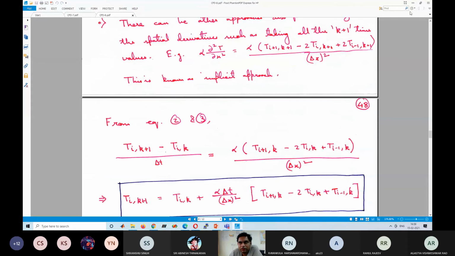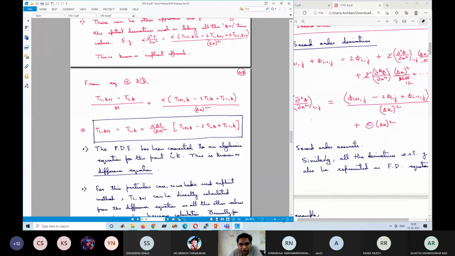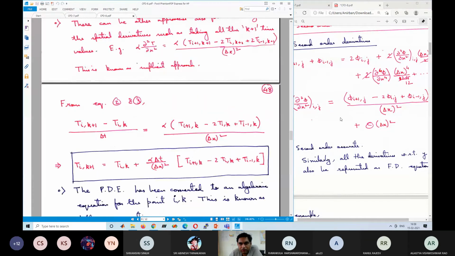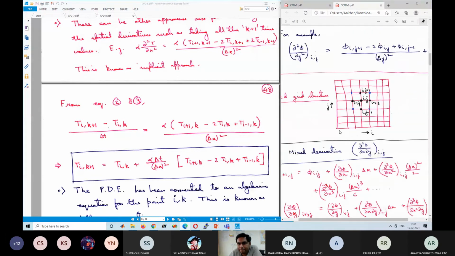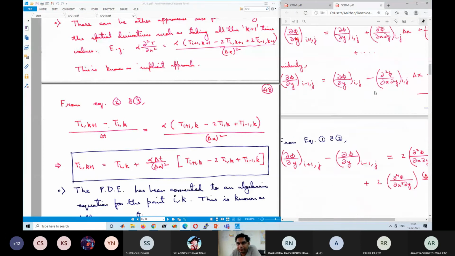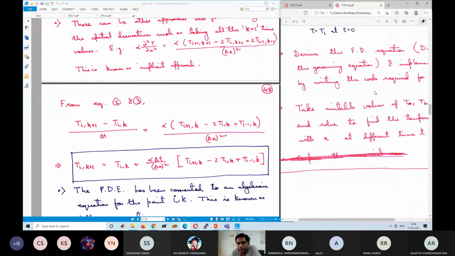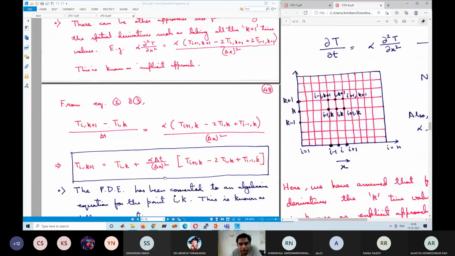Let me again reduce back the size because I want to keep the domain also open. So this is our equation now.